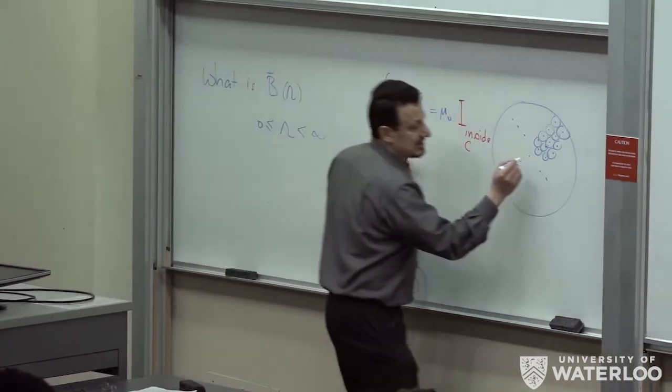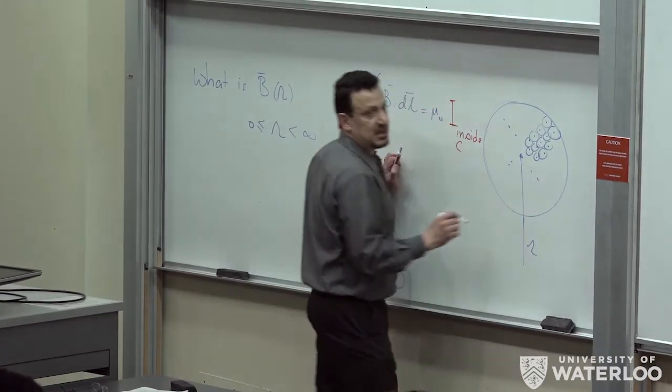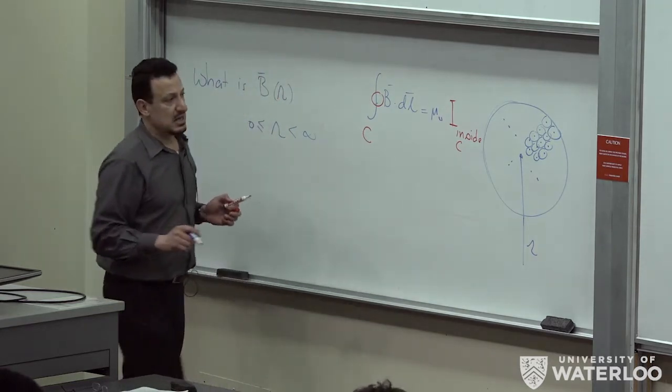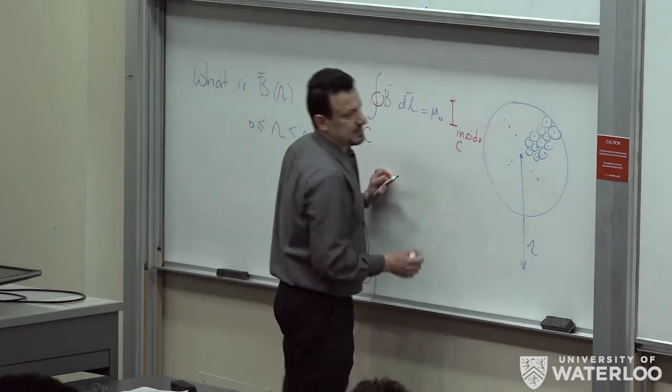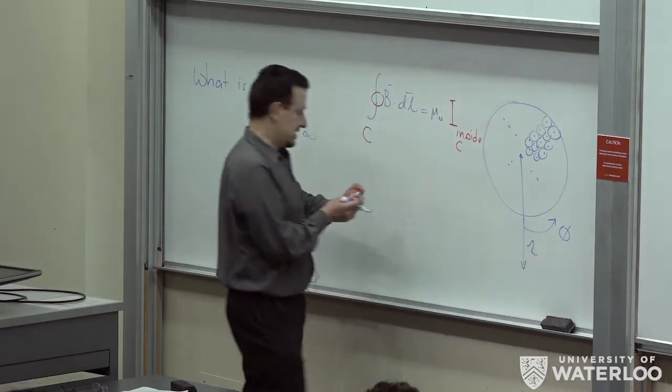So I come here to the center and I say this is my R. R is the radial direction coming out of the center. Phi is this direction. Okay?